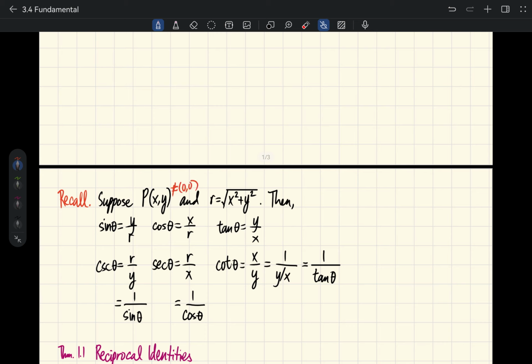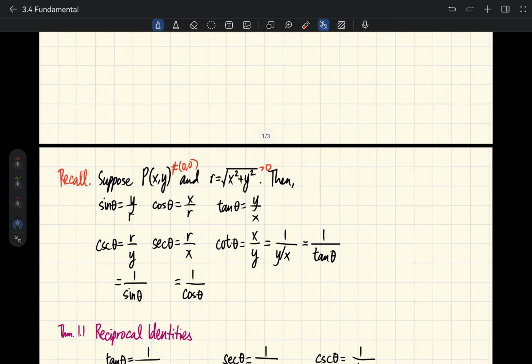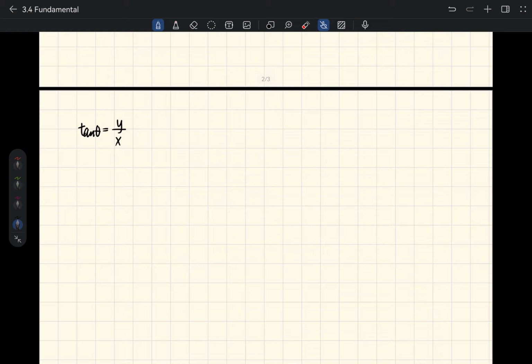So, if we're considering points that are not the origin, then r should be strictly greater than 0. So, since r is greater than 0, we can multiply the numerator and denominator by r. And what will happen here?